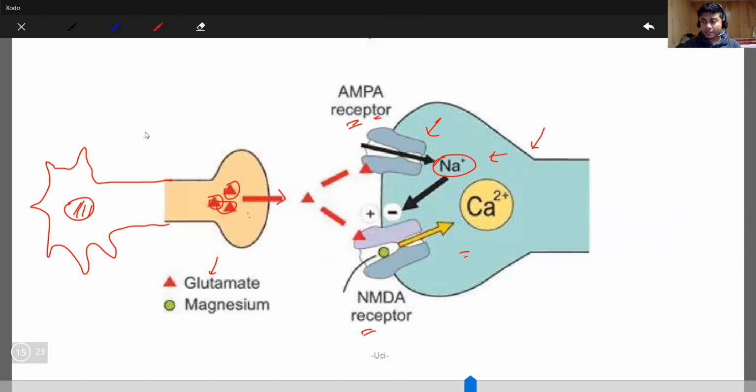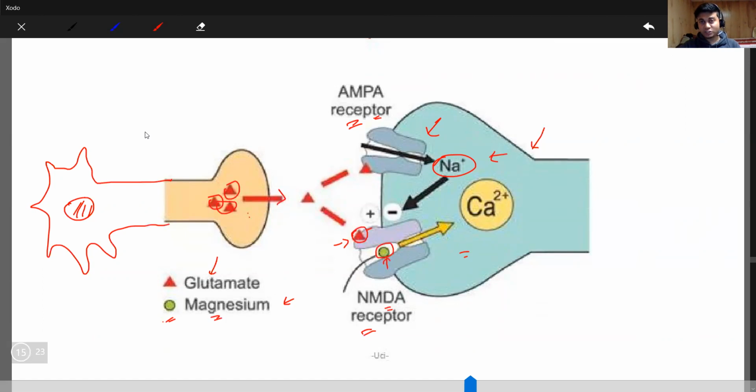Also, glutamate has activity over the NMDA receptor, and whenever it binds to the NMDA receptor, two things happen. One, here is a small green ball. That ball is magnesium. Whenever glutamate binds to this NMDA receptor, this magnesium is removed.